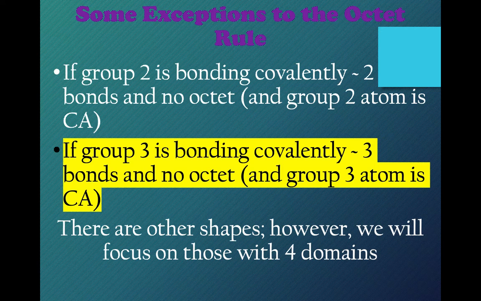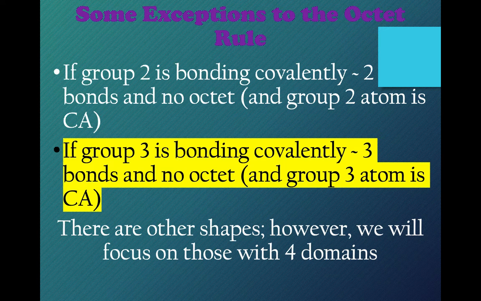The next thing you want to write down is that there are some exceptions to the octet rule. Definitely write down that group 3 is an exception. Group 3, we're looking at boron, aluminum, gallium, indium, thallium. When those elements bond covalently, they don't need 8.